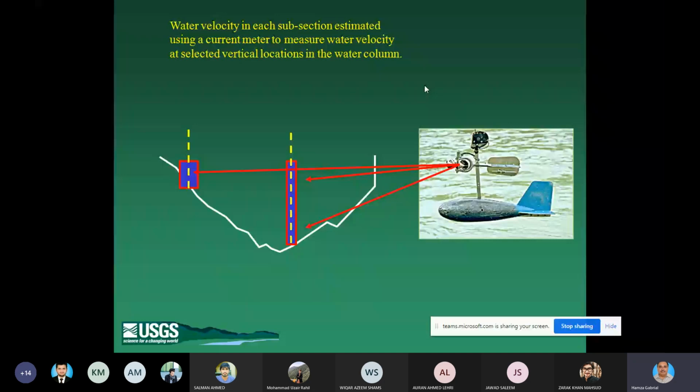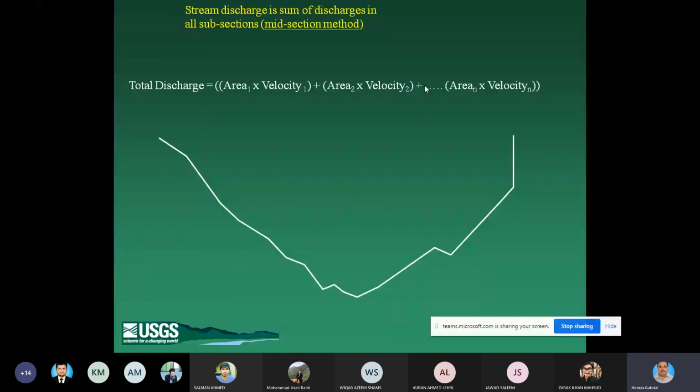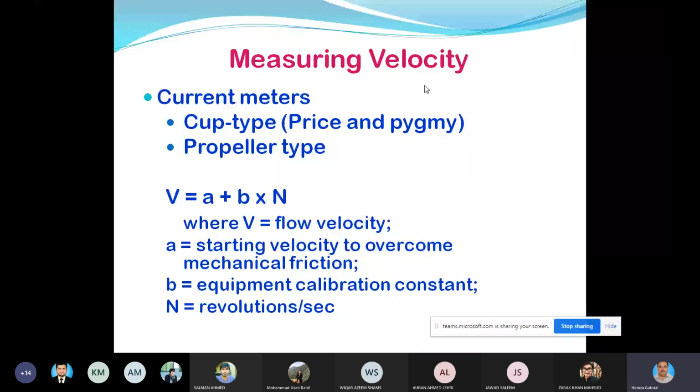So the total discharge will be the sub areas multiplied by their respective velocities. So सबको आप ऐड कर लेंगे, सम अप कर लेंगे, so this will give you the total discharge. So now we measure the velocity with the help of a device known as the current meter.